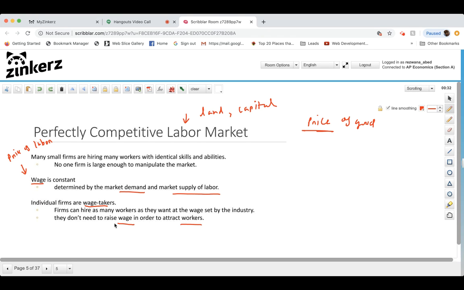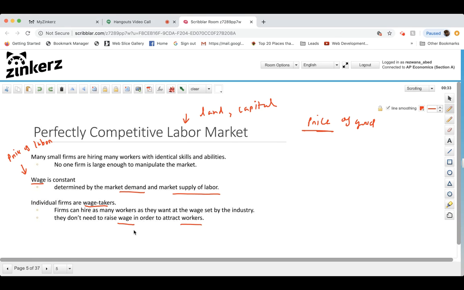Why do you think they wouldn't lower their wage? Because there's no need. Okay, so they don't need to raise wages. What about if they wanted to lower wage? Because all workers are the same. Right. So what would happen if they tried to lower their wage?